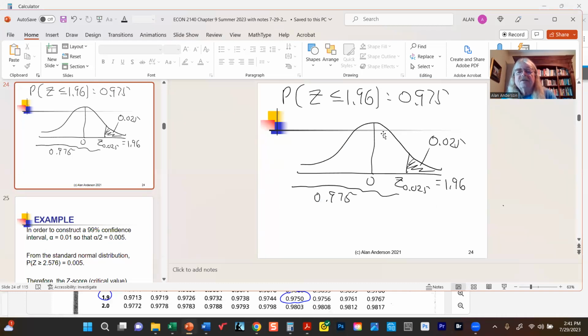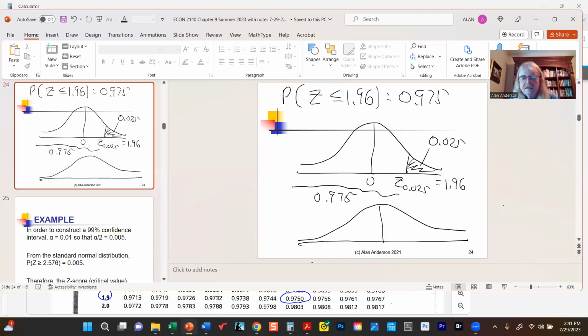Now, based on the symmetry of the distribution, that implies that the one down here in the left tail is negative z alpha over 2, or negative z 0.025. This left tail area is 0.025. We can go figure it out ourselves, but we know from the symmetry of the distribution that this must equal negative 1.96.